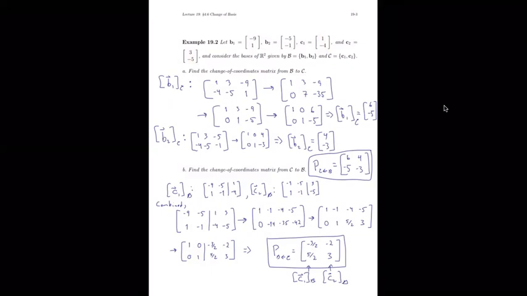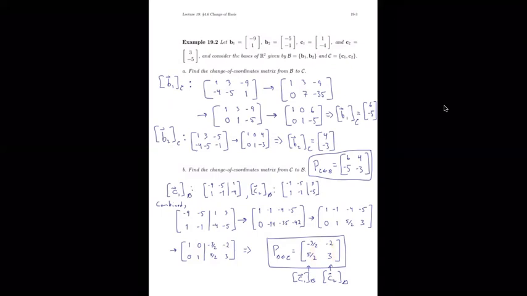If you follow these steps, and you can do it either way for finding these transformation matrices or the change of coordinate matrices, then you'll be able to at least first perform this and get the answers we're looking for. But with some practice, I think you'll start to understand what it is you're actually doing.